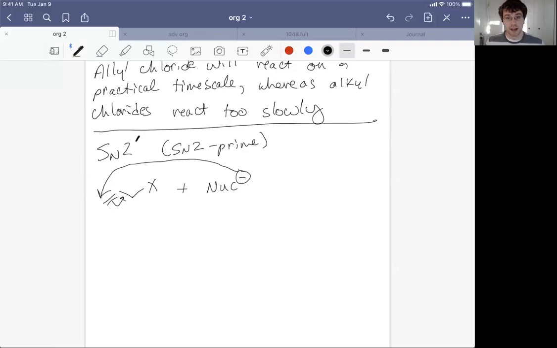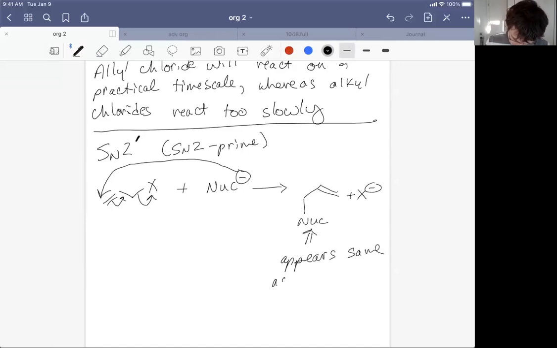We then push the electrons from the double bond over to make a new double bond and kick off the leaving group to avoid breaking the octet rule. That's going to give us this species plus X minus. Now, you might recognize that in this case, it appears to be the same as the Sn2 product.